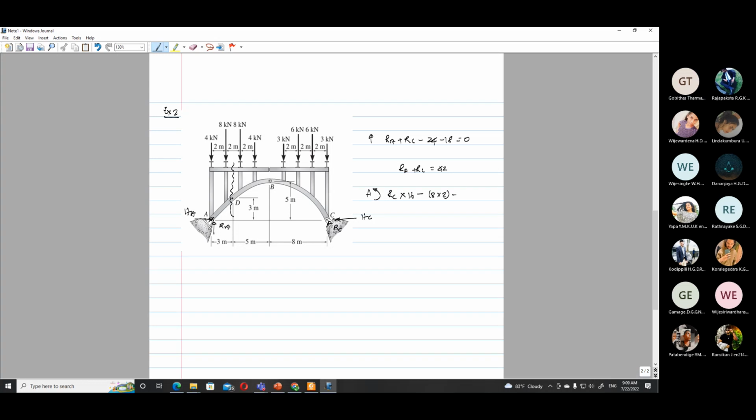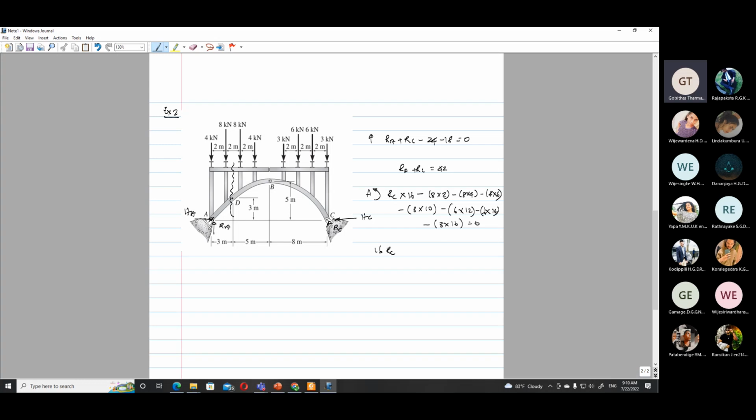So 8 into 2 minus 8 into 4 minus 4 into 6, and minus 3 into, the total distance is 16, here 6 gone means it's 10, 3 into 10 minus 6 into 12 minus another 6 into 14 minus 3 into 16 is 0.